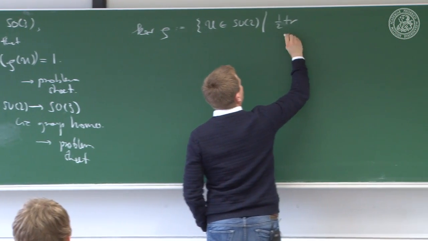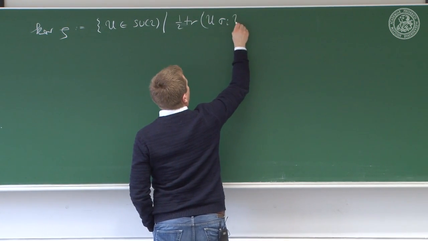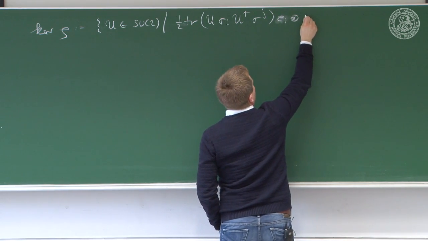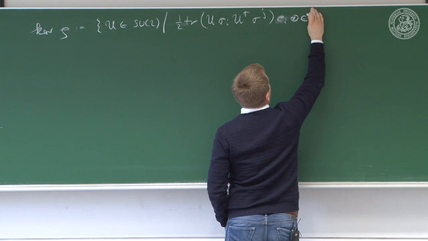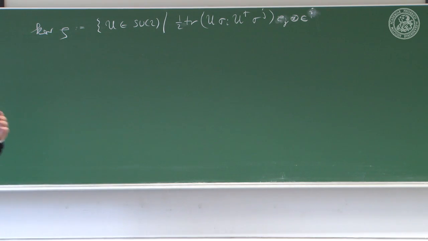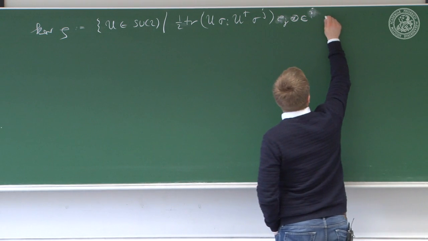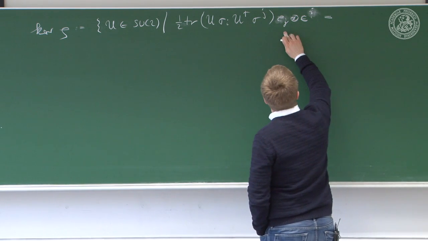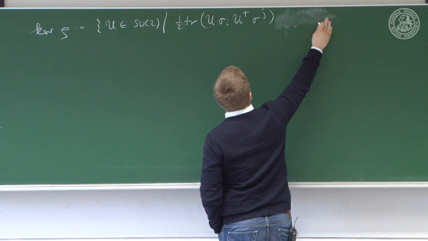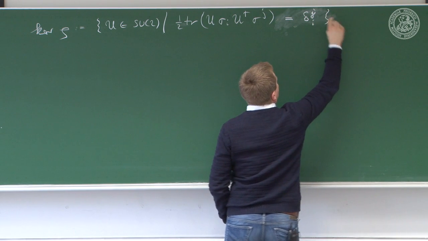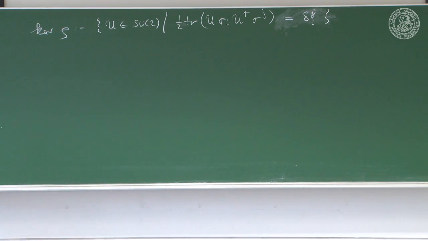It was 1/2 trace of u sigma_i u dagger sigma_j, e^i tensor epsilon^j, okay, is actually the identity map on R3, but it is if the components of it are delta_ij or delta_ji. Agree? That's this guy.